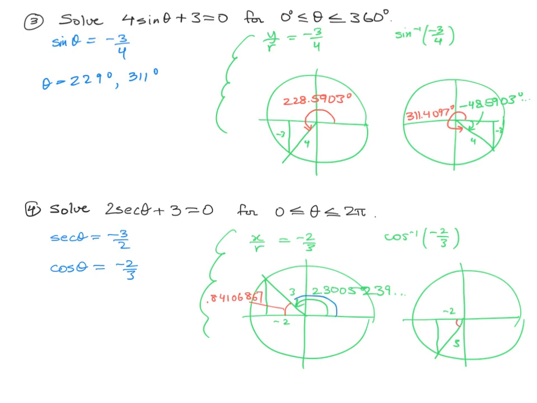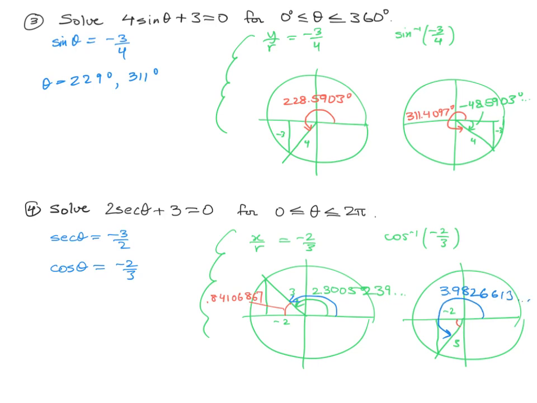Well, this standard position angle is already the 2.30 whatever. This standard position angle is going to be pi plus that 0.841 reference angle, which gives me about 3.98266, 13, let's say. And it goes on.